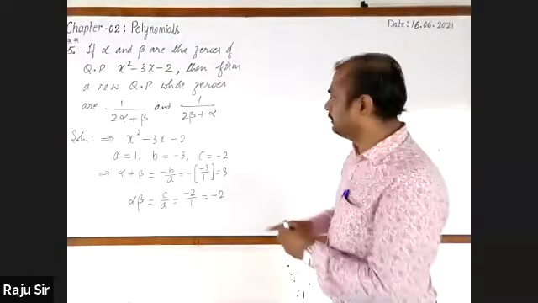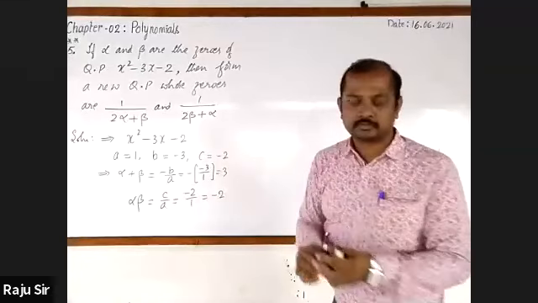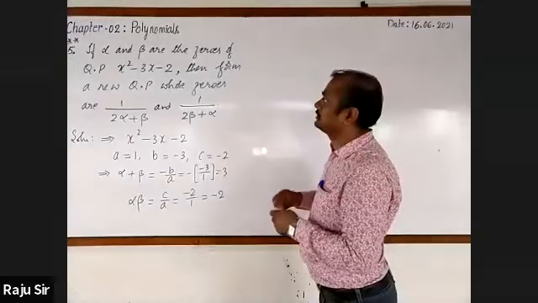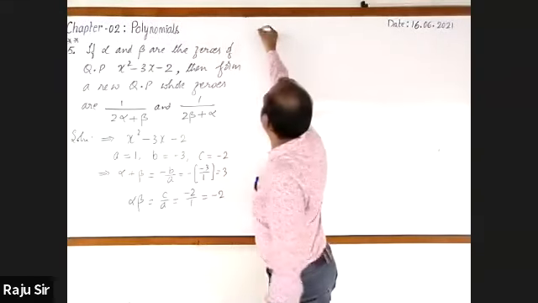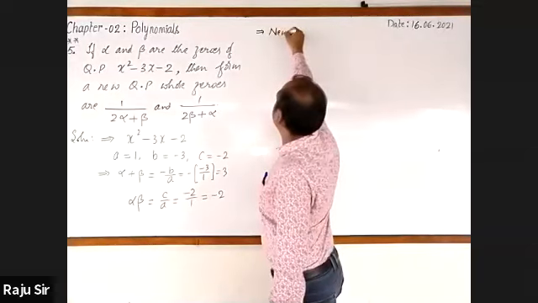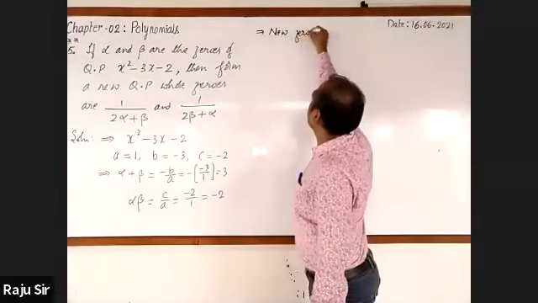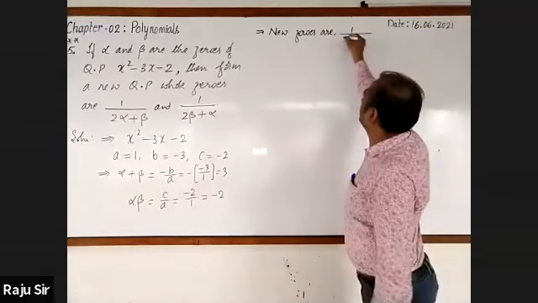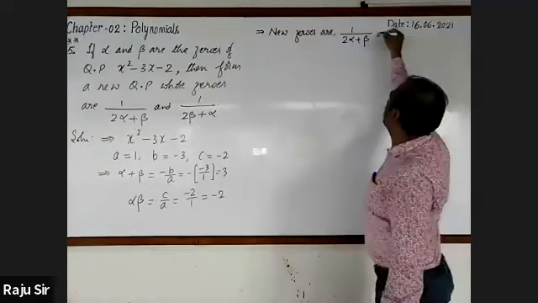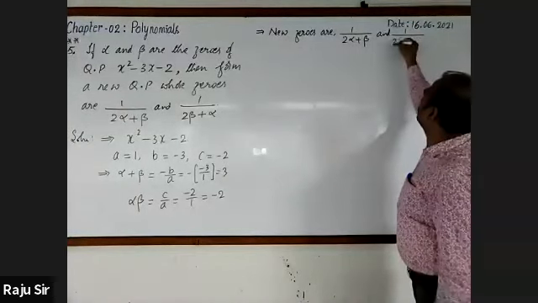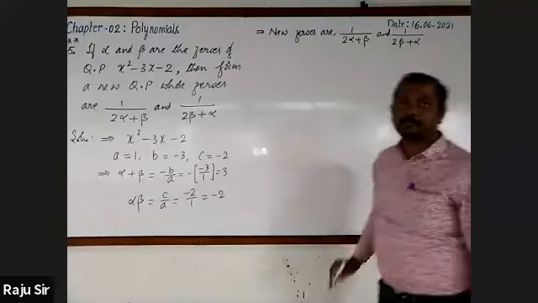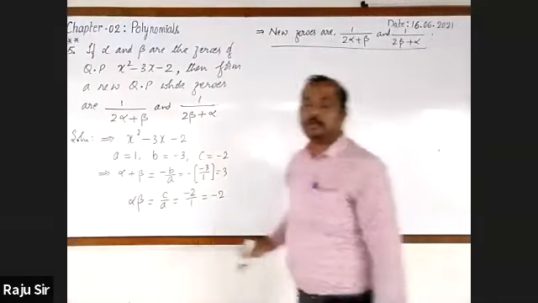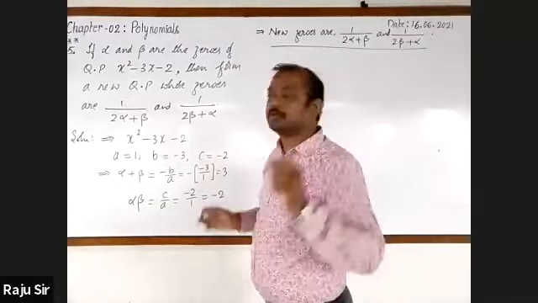Now let us go for taking the new zeros. Right, the new zeros are 1 by 2 alpha plus beta and 1 by 2 beta plus alpha. Now let us find out the sum of new zeros.